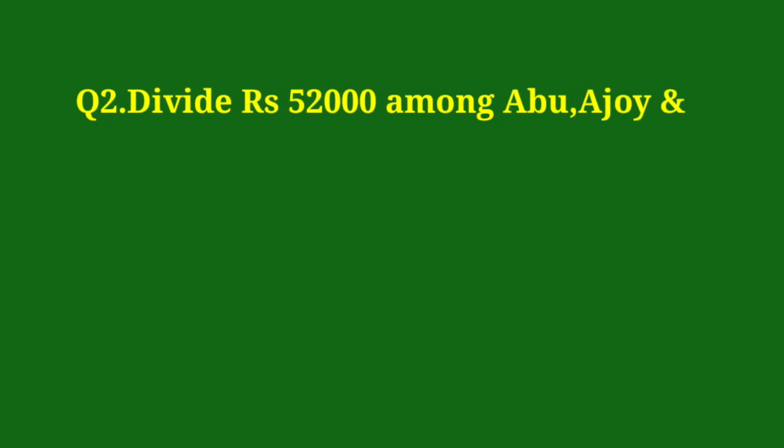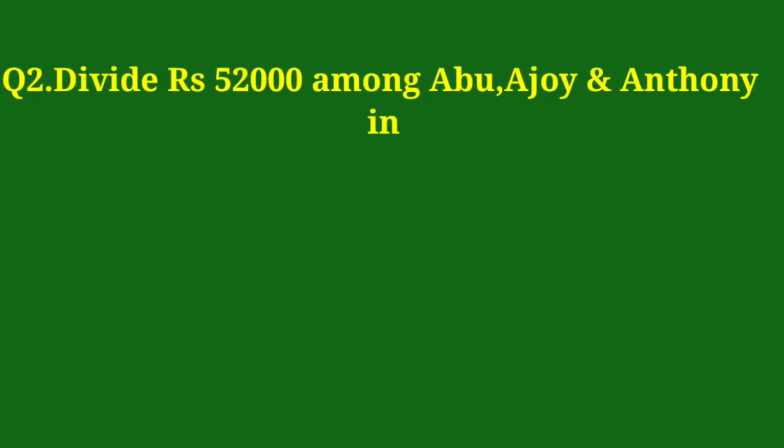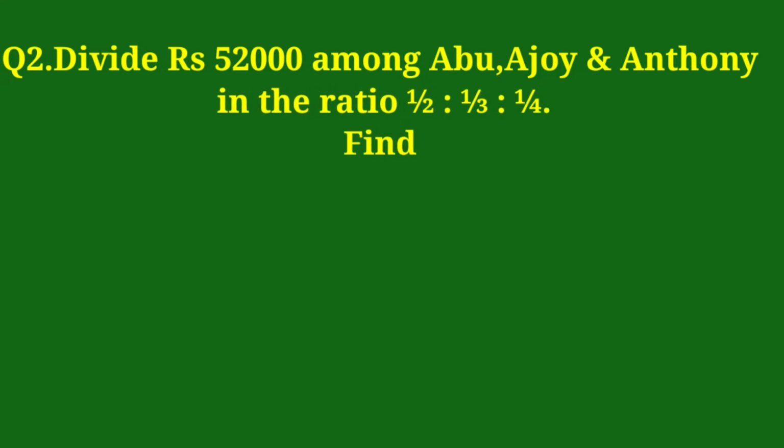Second sum: divide rupees 52,000 among Abu, Ajay and Anthony in the ratio 1/2:1/3:1/4. Find each one's share. That means how much each one gets. So this is a fraction, you have to turn them into whole numbers.